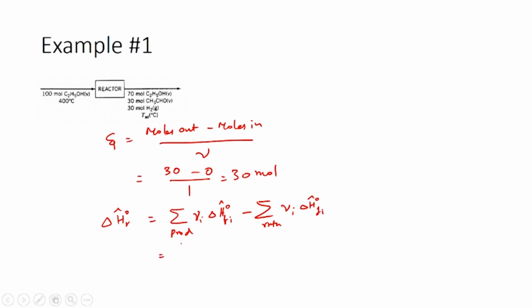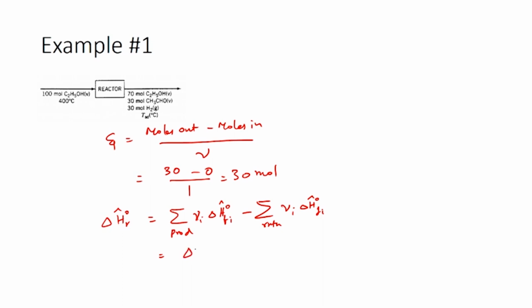So, here the products are acetaldehyde and hydrogen. Hydrogen is a gas, which is an element, so it would not have any heat of formation. So, heat of formation for hydrogen would be 0.